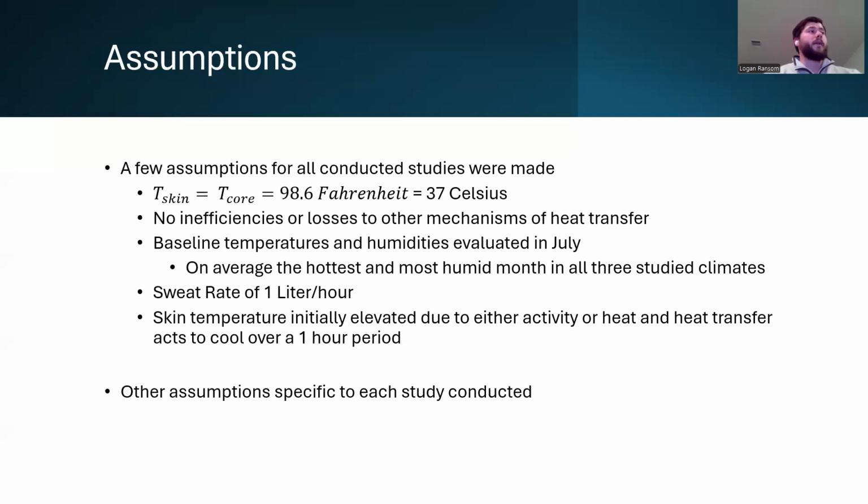And a sweat rate of 1 liter per hour was also assumed, as it falls within the bounds of reasonability for human sweat production. Further assumptions or parameters were study specific, and they'll be discussed further down respective to each of those studies.